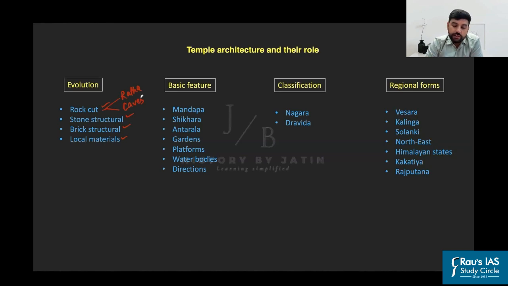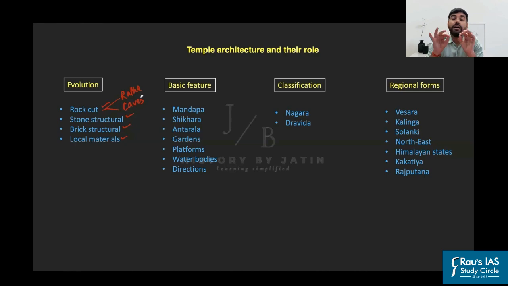Now, when we say how religious places have evolved in India, what will be the first example that you will give me? The very first example. Yes, the stupa. After the stupa, the second example of religious structures, you will say caves.